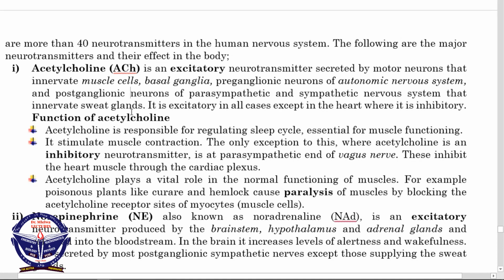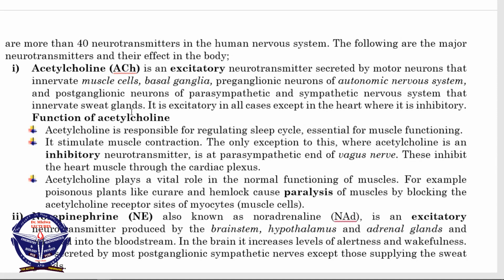Sasa hapo unaweza usinielewe kwa sababu kule mwanzo tulidiscuss parasympathetic na sympathetic. Kwenye sympathetic nervous system, neurons zote postsynaptic zina release nani? Noradrenaline au norepinephrine, except the sympathetic nervous system to the sweat gland.